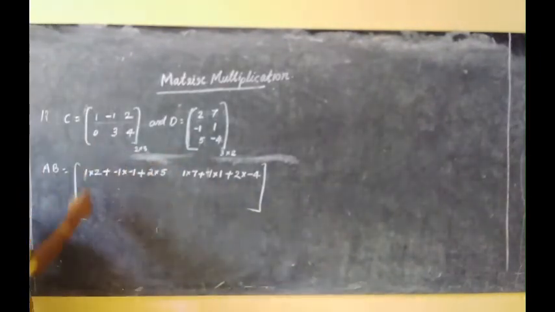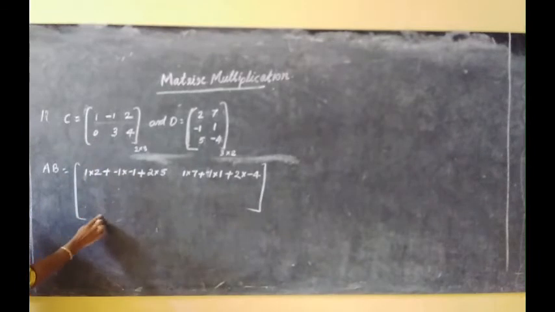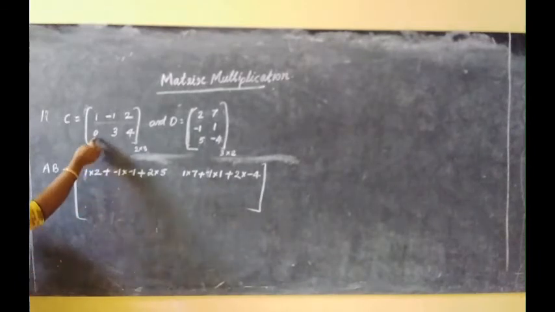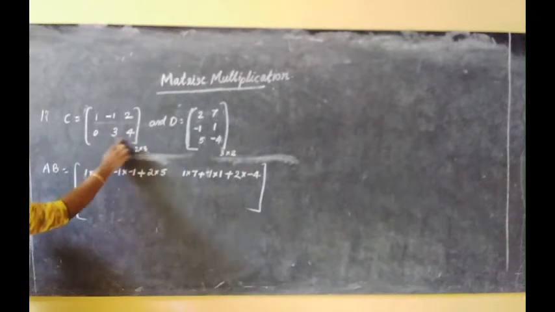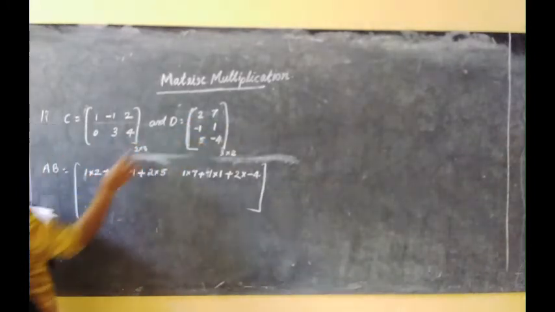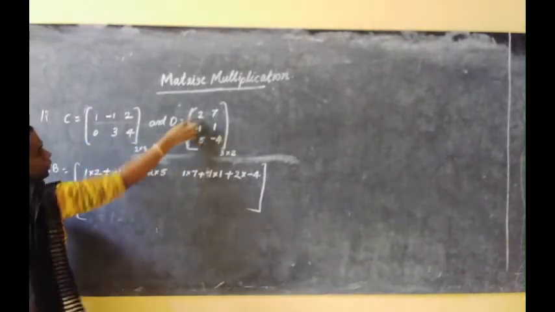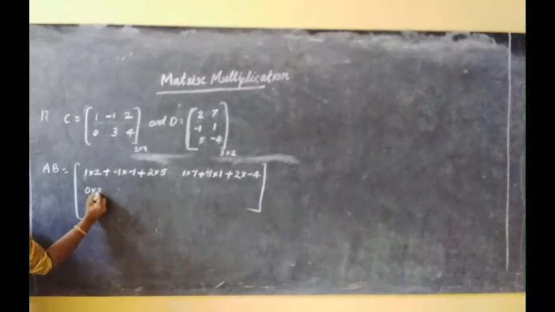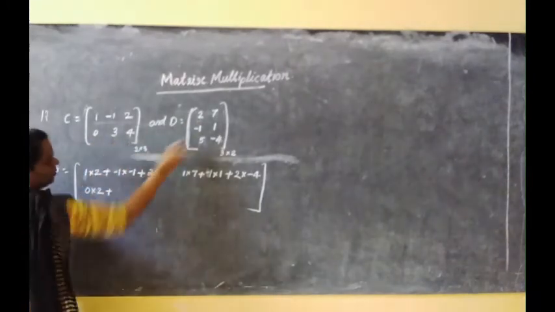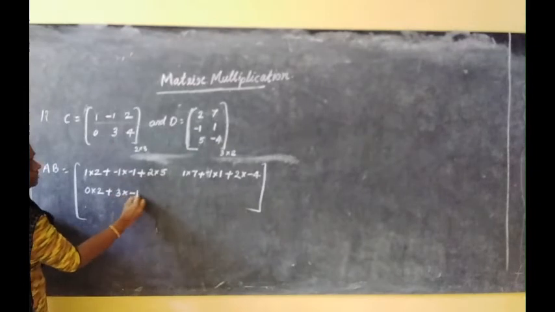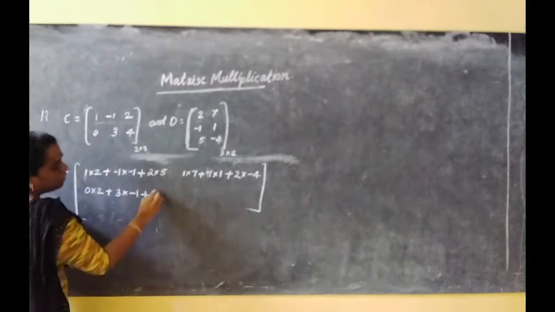Then next we have to find which part? A21. 21 means second row, first column. So we multiply 0 into 2 plus 3 into minus 1 plus next element 4 into 5.